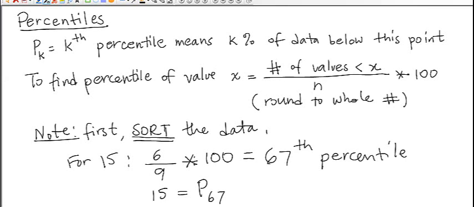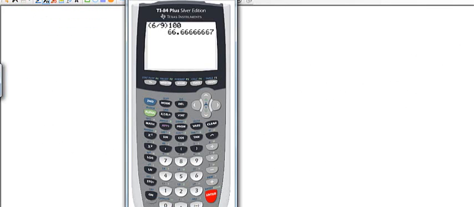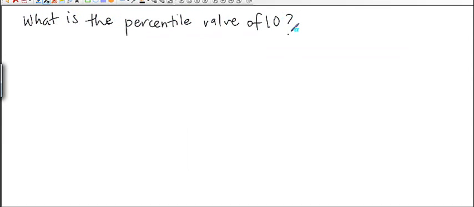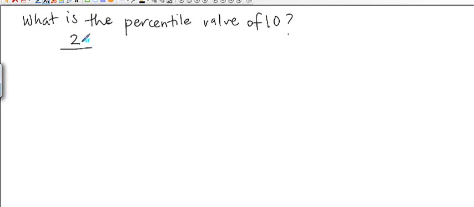Let's do another example. Let me look at 10. I want to find the percentile value of 10. Again, you look at how many values are less than 10: 1, 2. We had 2 numbers less than 10.